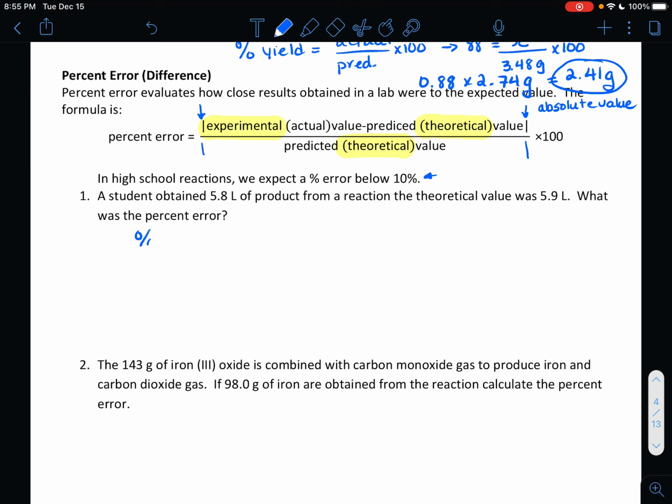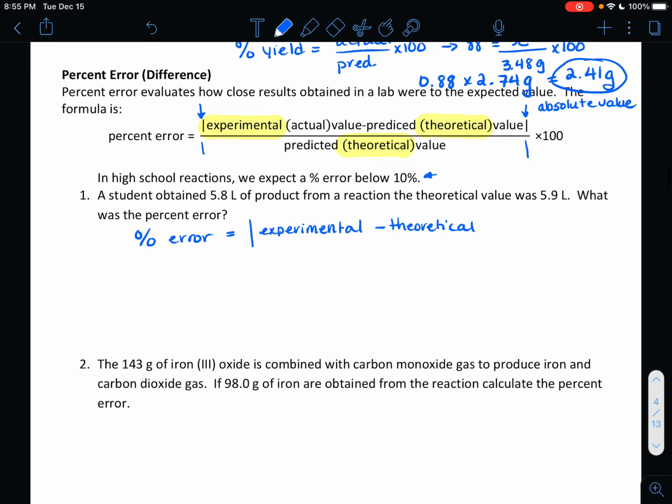So again, our percent error, you're going to see me writing it. So this is experimental minus theoretical over theoretical times 100.